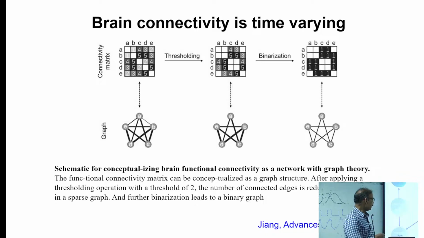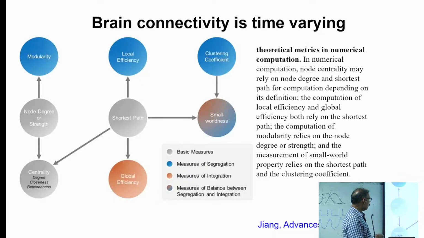So then what is done is from these measures, one can find a number of graph theoretical measures like centrality, node strength, local efficiency, clustering coefficient, small worldness, right? And this is just an example, right?